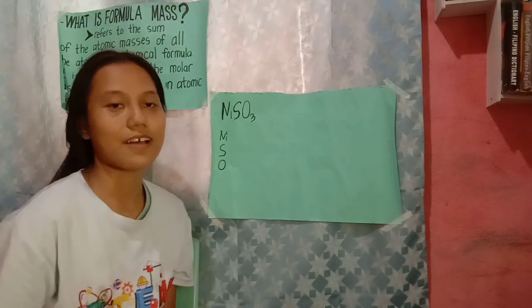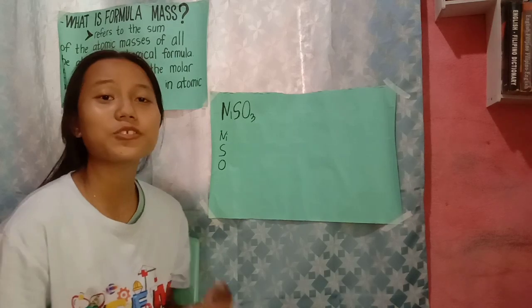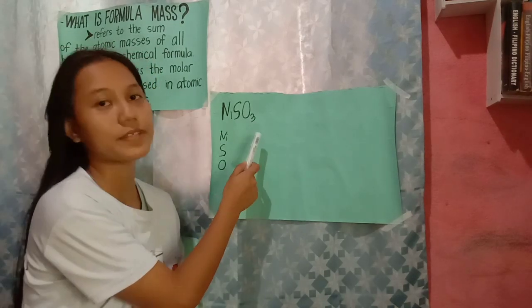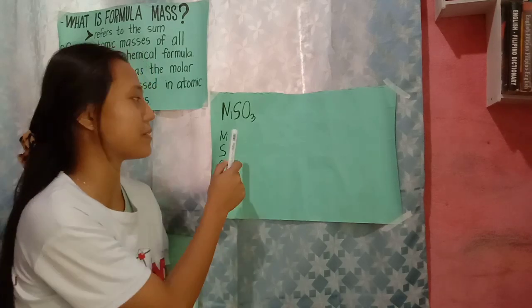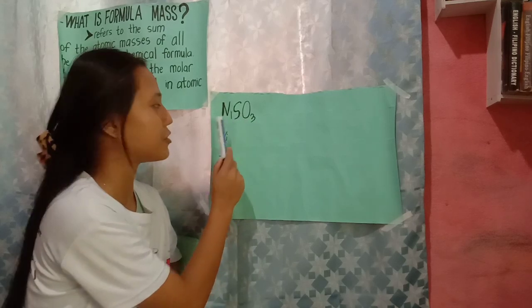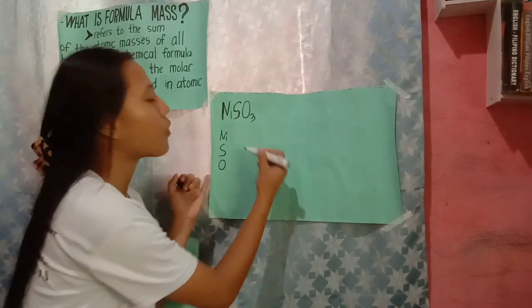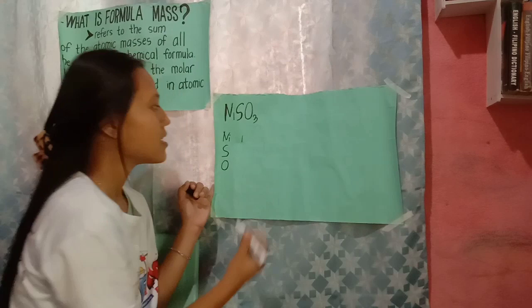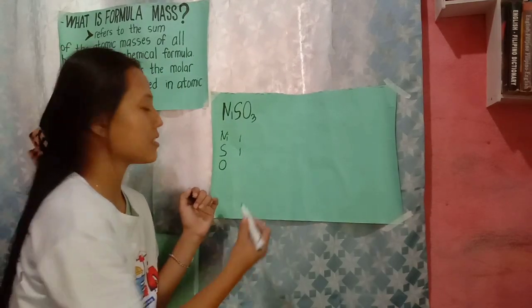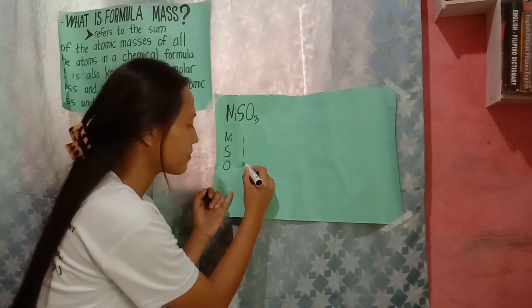The second step is to count the number of atoms in the chemical formula, which is the subscript of each element. So nickel has 1, sulfur has 1 atom, and oxygen has 3.